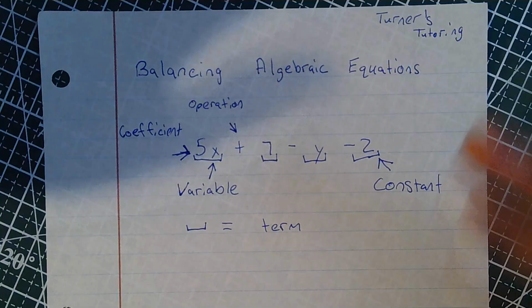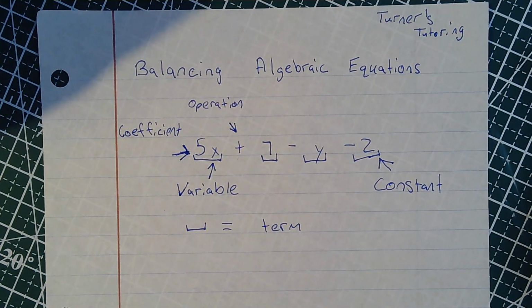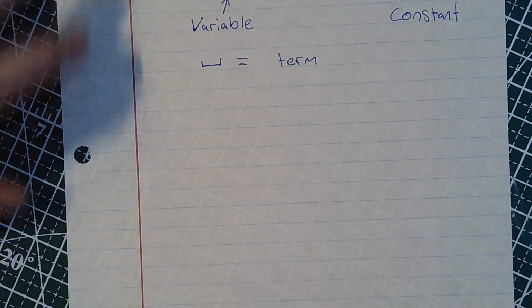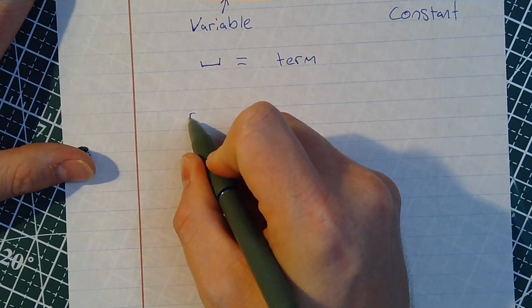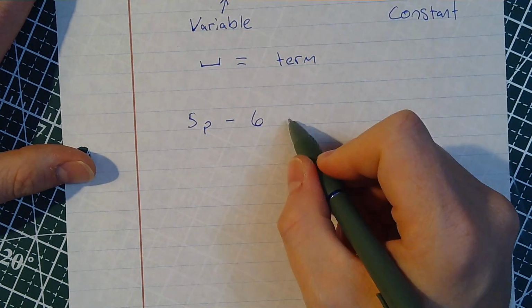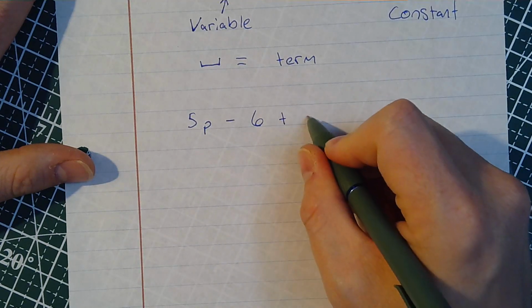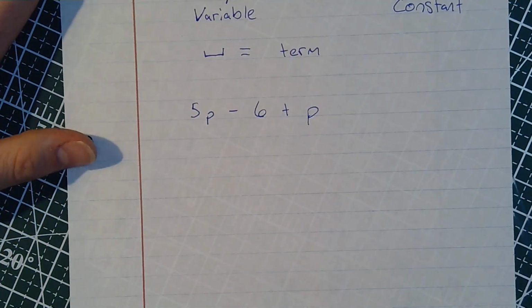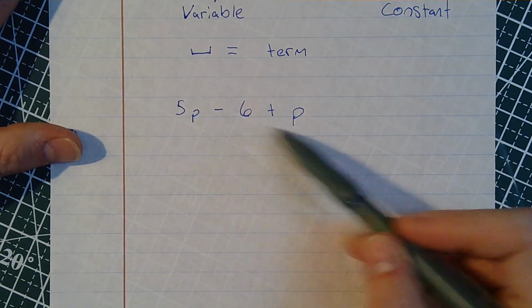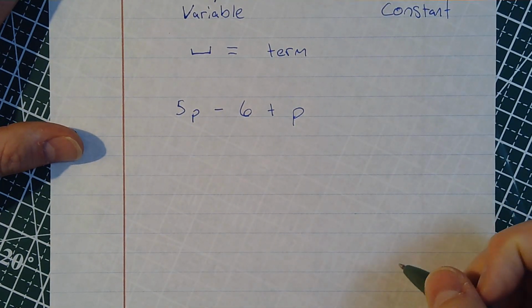Now, I want to start with simplifying the equation. So I'm going to come up with another. Let's go 5p minus 6 plus p. I'm going to look at it and ask, what are my orders of operation? What are my like terms?